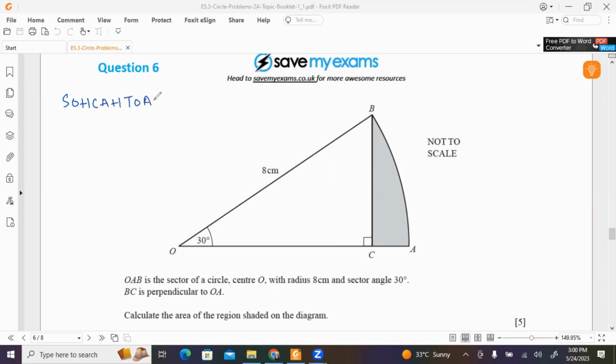And for the area of the triangle, we need the height of the triangle, the perpendicular height, and we need the base. So for the perpendicular height, I'm going to use sine theta equals height over 8. That's going to be 8 times sine 30.